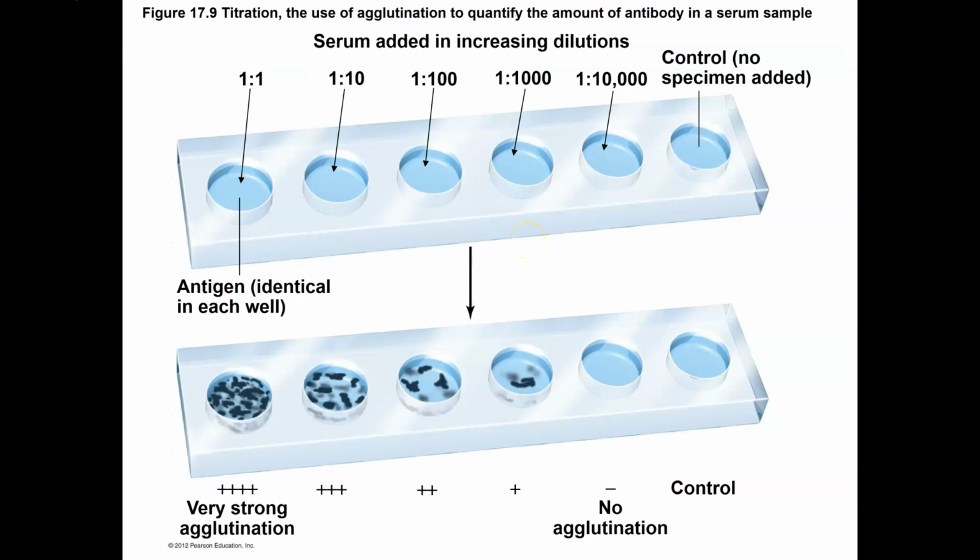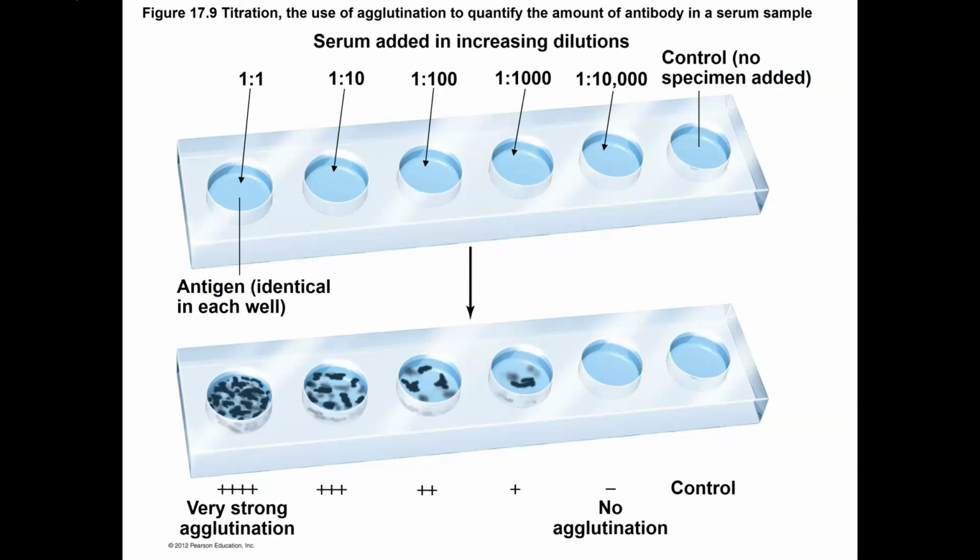This image is showing a titer. A titer is when you're trying to determine the highest dilution that you can use and still get a reaction. In this example, we're mixing dilutions of serum and an antigen, so serum is diluted, but the antigen is the same in each well. Then you look for that precipitation or agglutination reaction to occur.